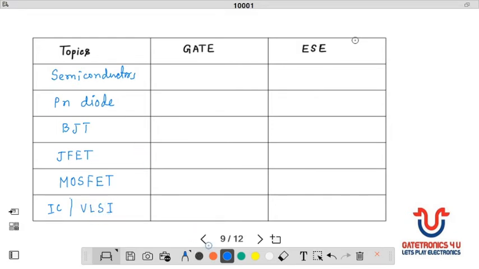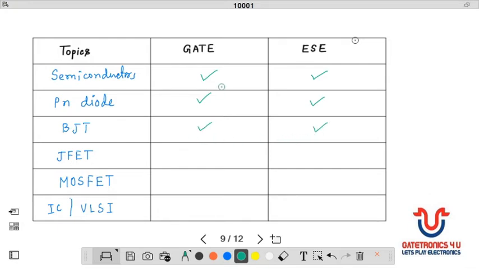So if we see the GATE syllabus, the semiconductor part is present here, as well as in the IES or ESE examination. PN diode is also present in the GATE as well as in the ESE. BJT is also present in the GATE syllabus as well as the Engineering Services Examination syllabus.